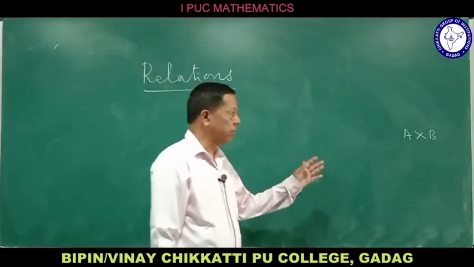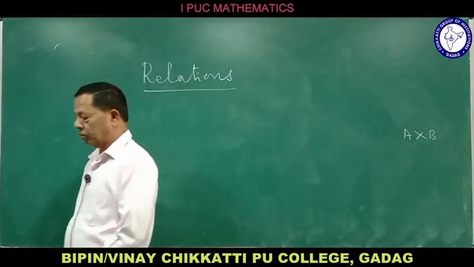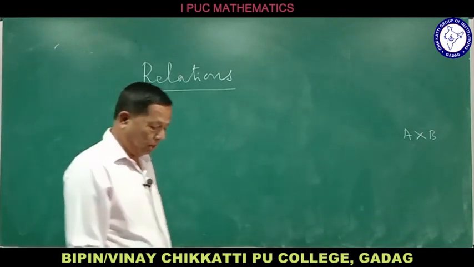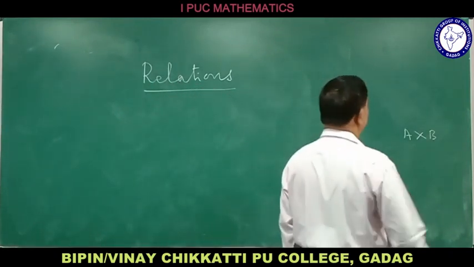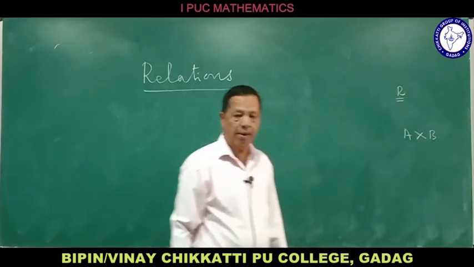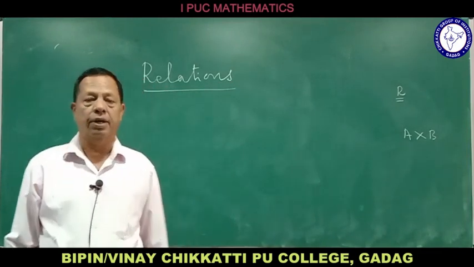So we have to understand that from a non-empty set A to a non-empty set B we take a relation set. A relation is always denoted by R. Already R is the set of real numbers, but here also we take R as the relation.